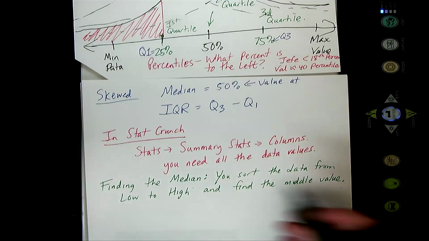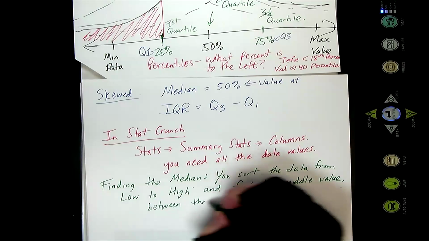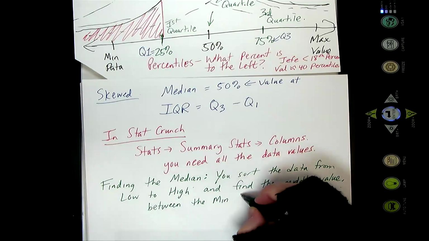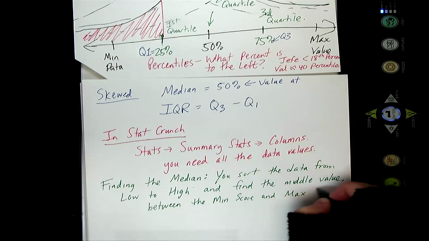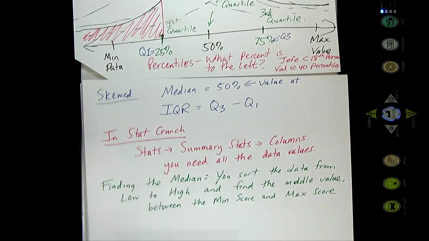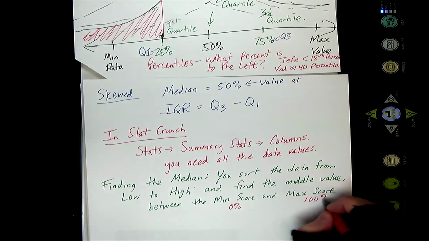It's the middle value between the min and the max, the min score and max score. The min score is like the 0 percentile, and the max score is like the 100th percentile.